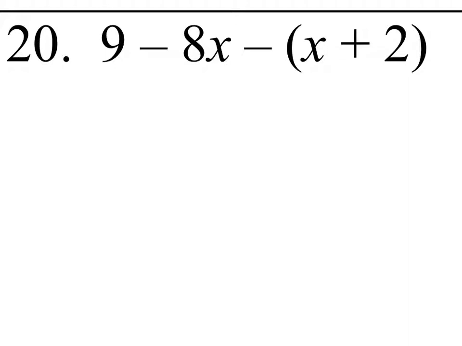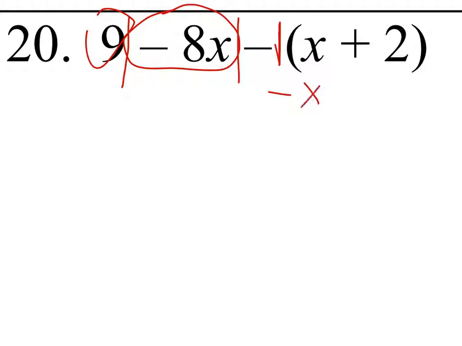So first thing you want to do is make sure you know what you're doing. So you want to split these up individually so that you can see that this one is negative 8x and this one's just 9. And this is a phantom 1 right here, so it could be negative x minus 2. Then you are going to rewrite the problem.